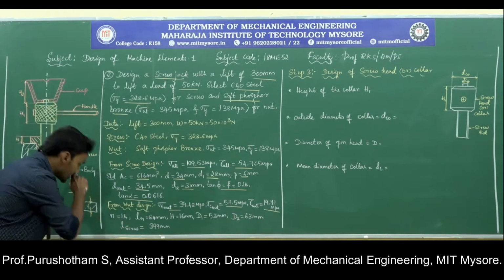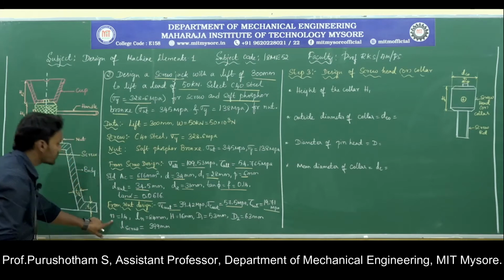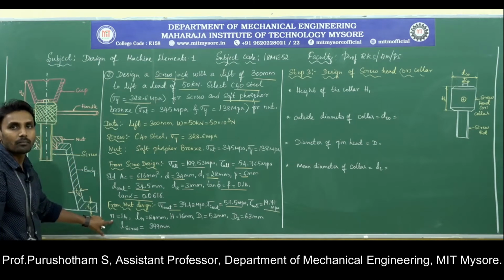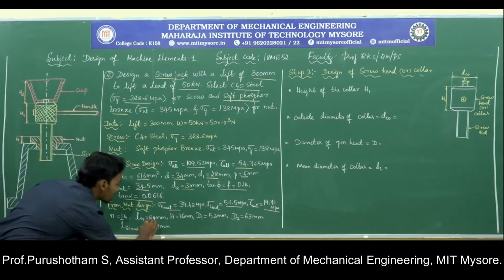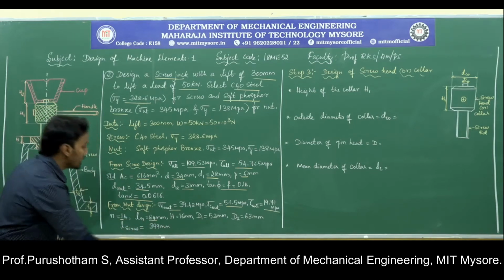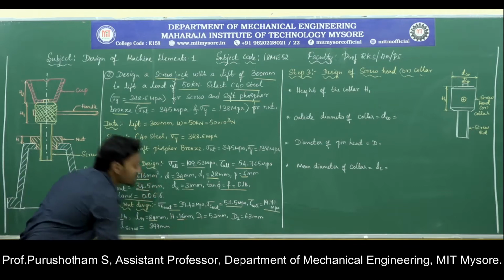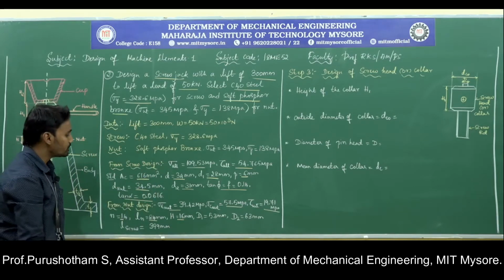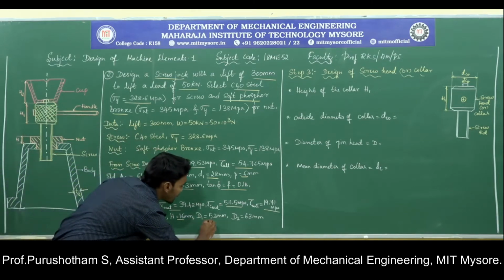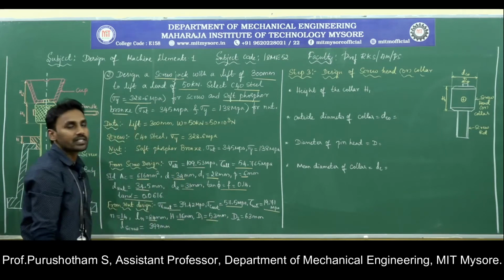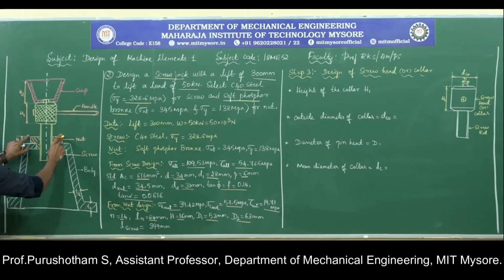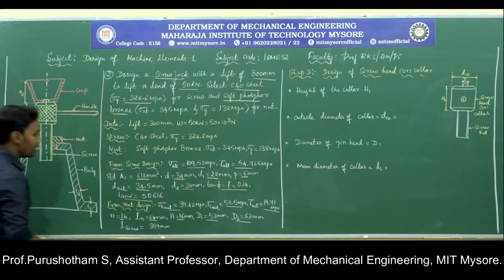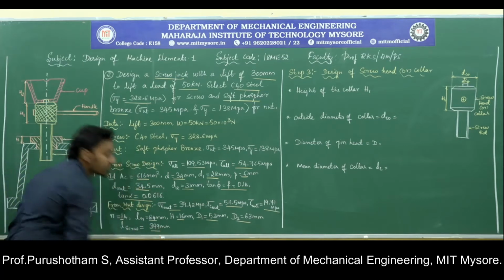The number of threads in the nut is 14, the length of the nut is 84 mm, the thickness of the nut flange is 16 mm, the outside diameter of the nut is 53 mm, and the diameter of the nut at the flange, D2, is 63 mm.